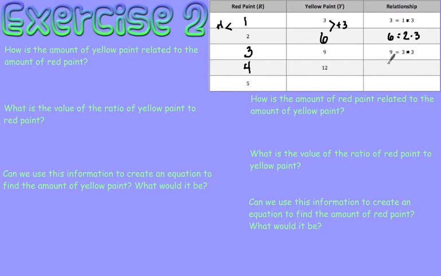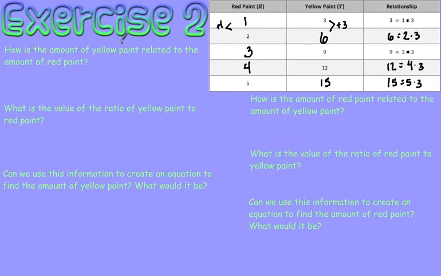Okay, and here would be 4. So my 12 gallons of yellow comes from taking the 4 gallons of red and multiplying it by 3. And then here I found that it's 15 gallons of yellow because I took my 5 gallons of red and multiplied it by 3. Because the amount of yellow is 3 times the amount of red.